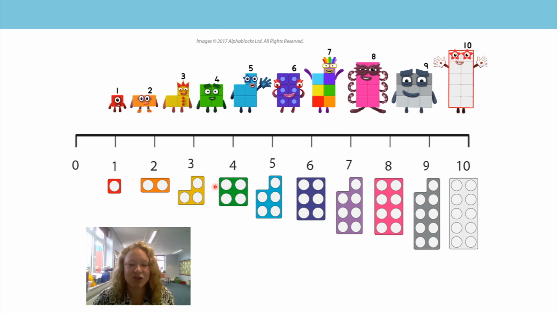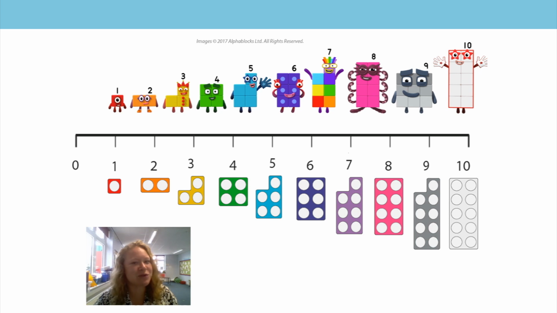Can you see that 2, 4, 6, 8 and 10 all have a nice, even, smooth top to them. There are no sticky up bits. Okay, so what does that mean? Let's have a think about what that might mean then.